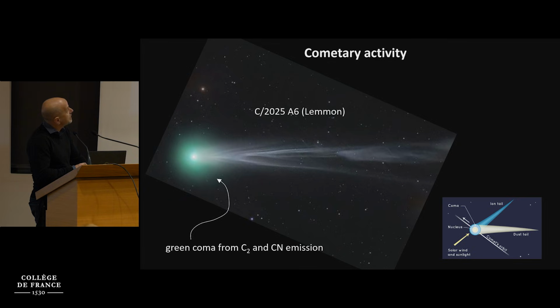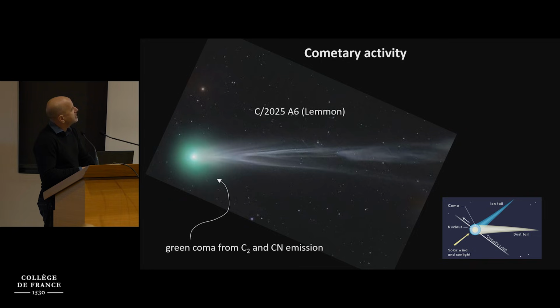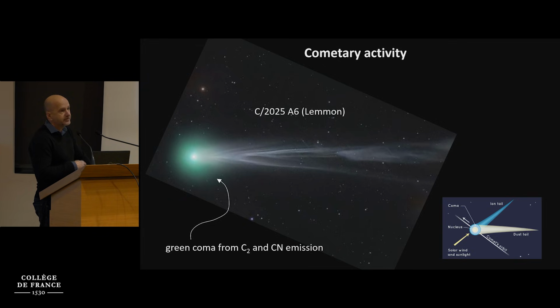In the case of comet Lemmon, the coma is distinctively green, which is thought to be produced by the emission of C2 and CN from the coma. The tail is mostly very small dust particles that have been ejected from the comet nucleus and are now slowly drifting away from it.